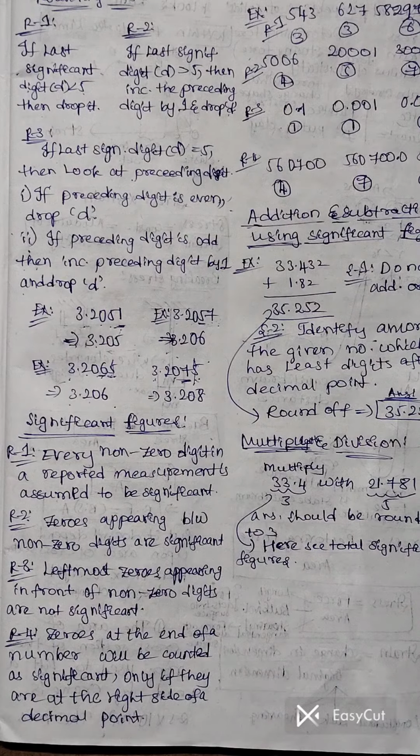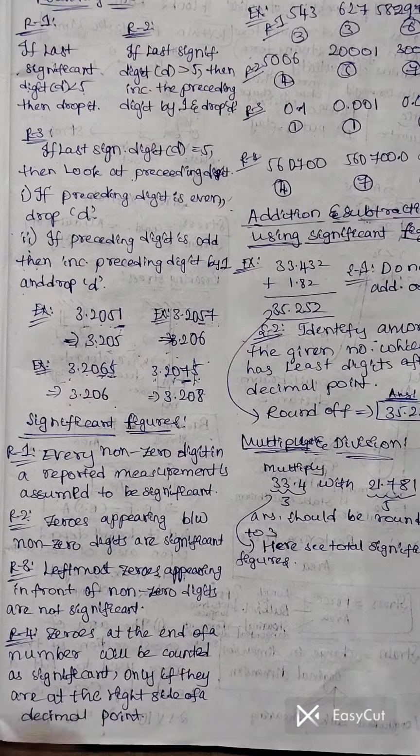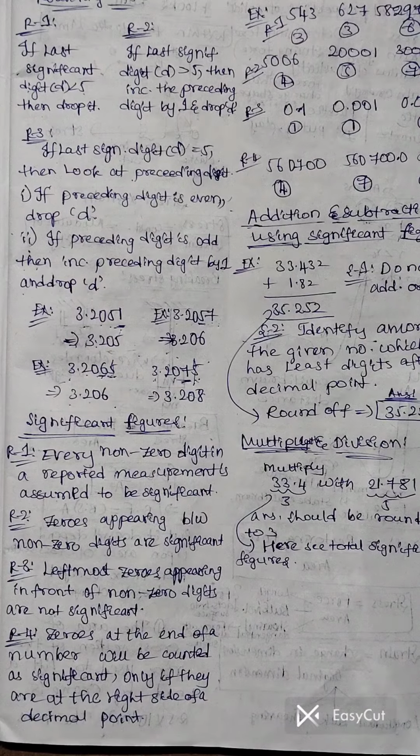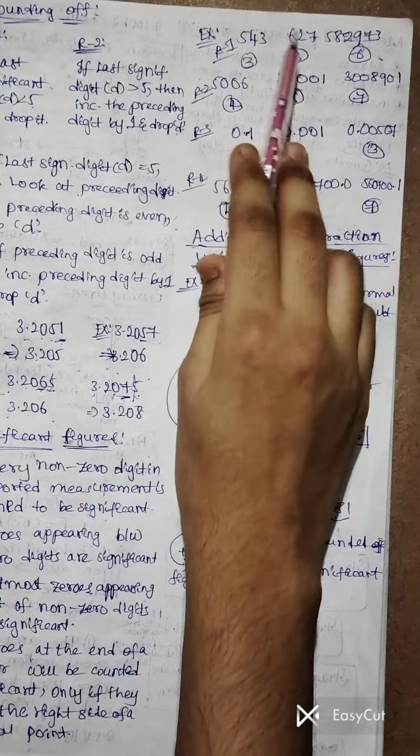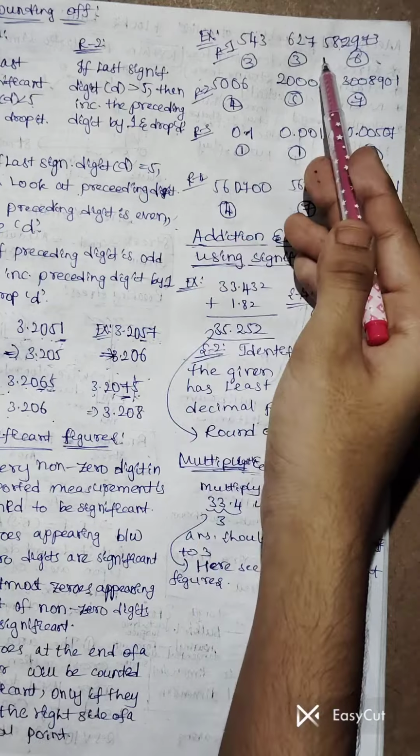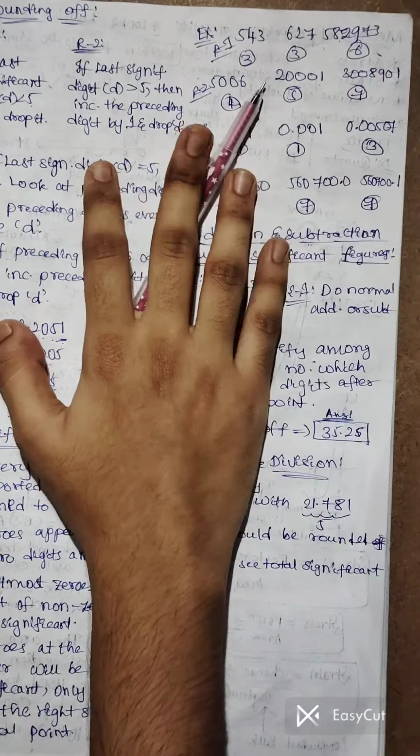And now coming to significant figures, one of the most important subtopic in this units and dimension. So there were simple rules to remember. If you remember these 4 rules, then you are done in this topic. So coming to rule number 1, every non-zero digit in a reported measurement is assumed to be significant. That is, for example, if you take 543, 627, like this 582973.